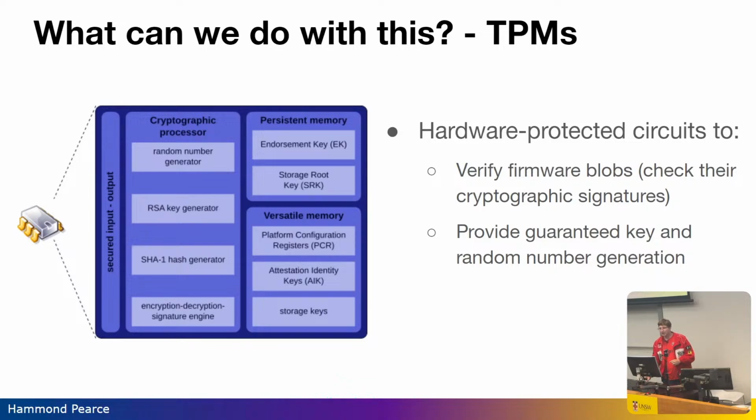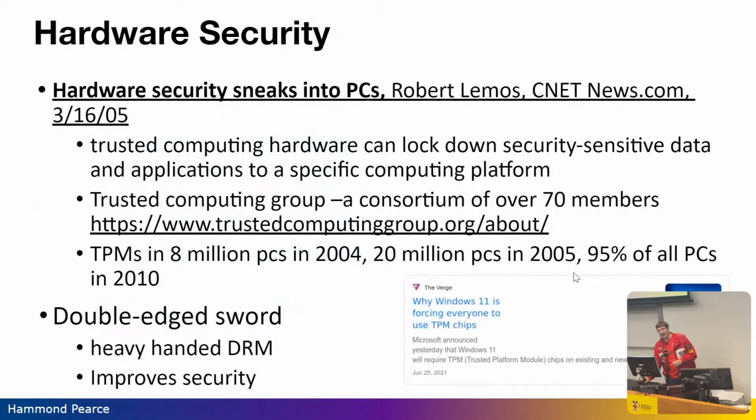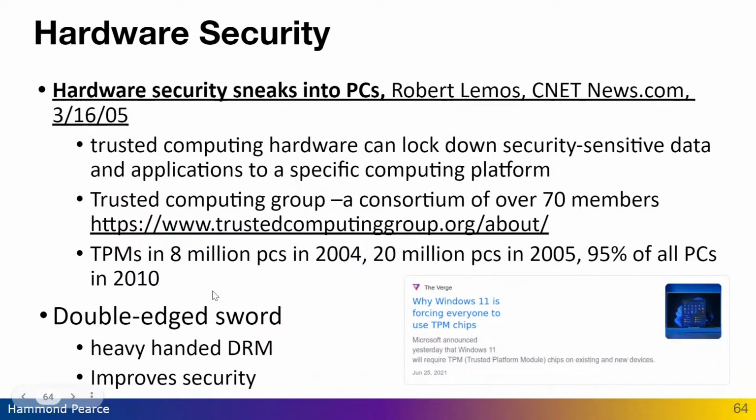And so we do now have the ability to produce circuits which can store keys which are very, very difficult to extract. Of course, TPMs have a bit of a double-edged sword, because once people realized that we had this little blob of keys in our machine that we could use to protect the operating system, they went, I wonder what else I could protect with this. And so was born DRM, where we protect Netflix streams and Spotify songs and all kinds of stuff that I don't really feel like it needs that level of protection, but so be it.